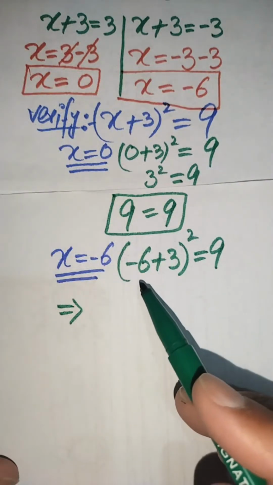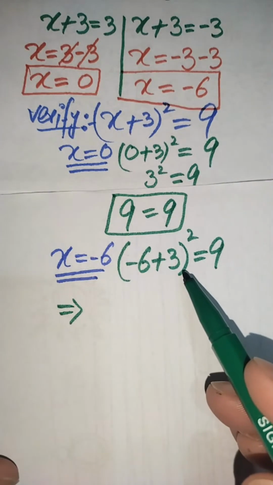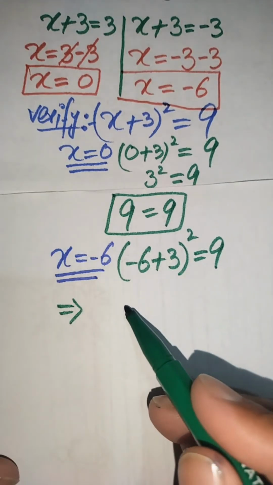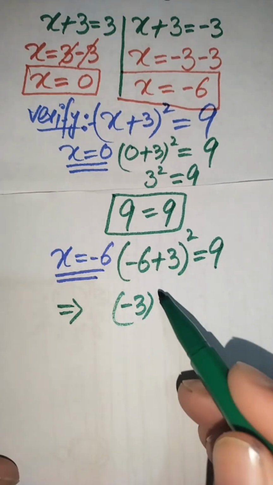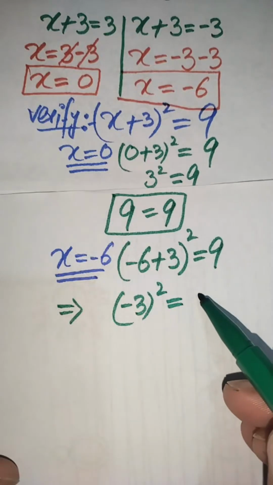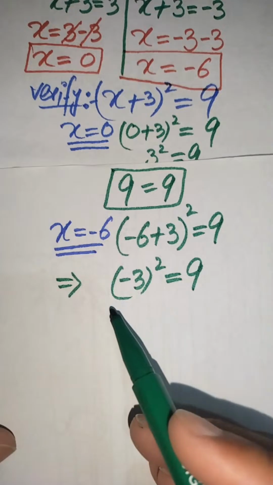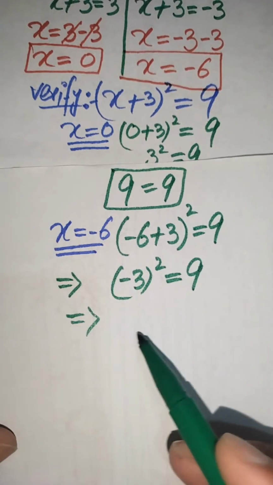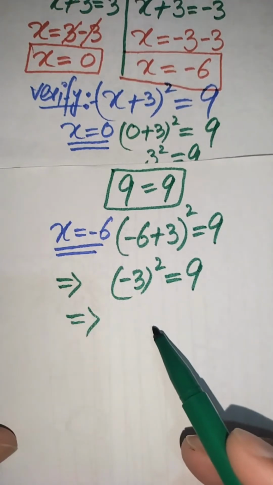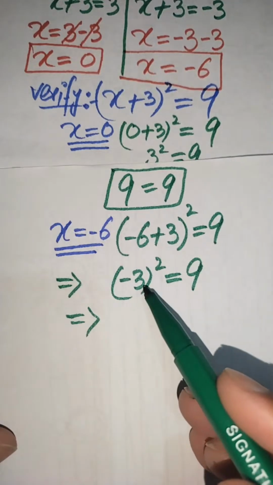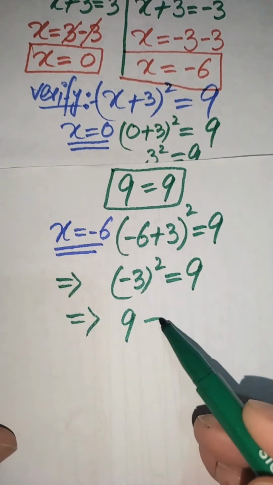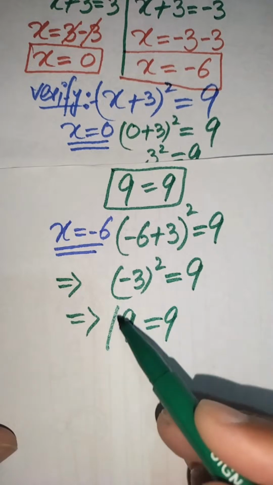So -6 + 3 becomes (-3)² = 9. Here you know that when we take a square of a negative term, it will always become positive. So (-3)² becomes 9 = 9.